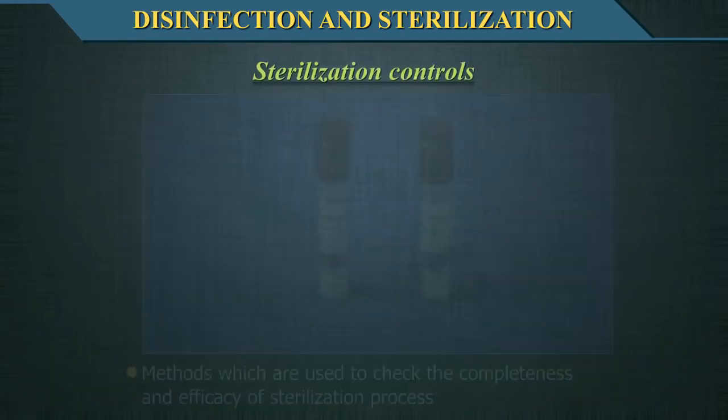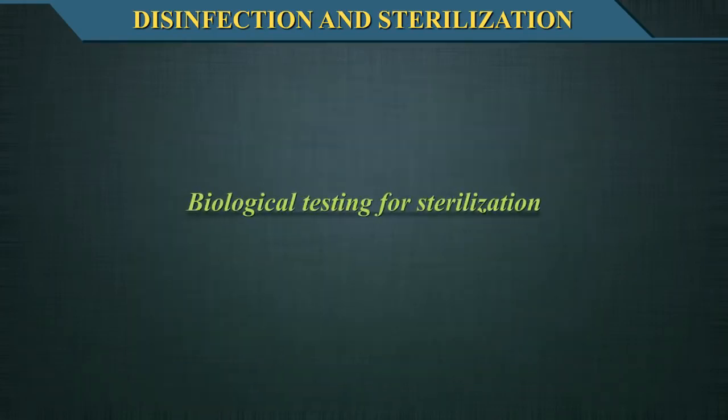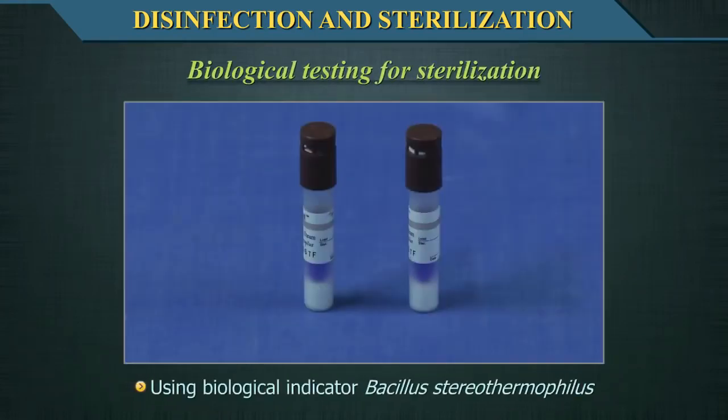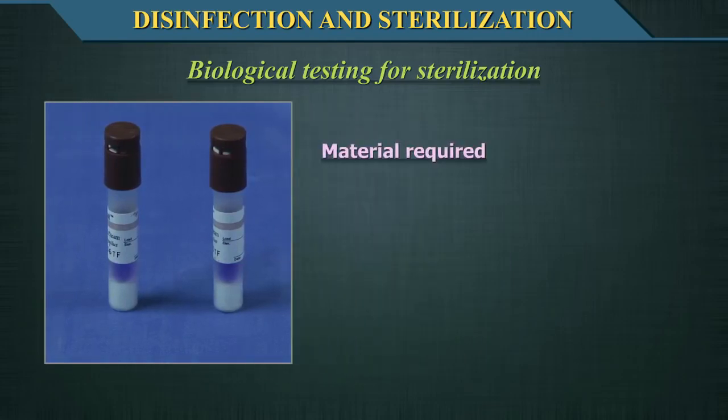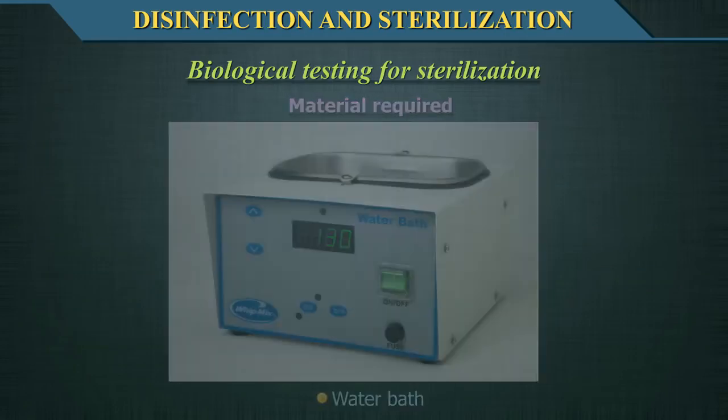Sterilization controls. There are various methods which are used to check the completeness and efficacy of the sterilization process and penetration of steam inside the test load. Biological testing for sterilization is done by using a biological indicator, Bacillus stearothermophilus. Material required: a commercially available plastic vial containing a strip coated with 10 to the power 6 spores of Bacillus stearothermophilus, an inner glass vial containing culture media, and a water bath.